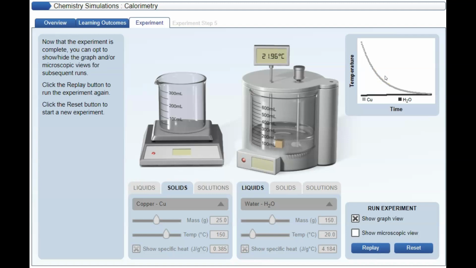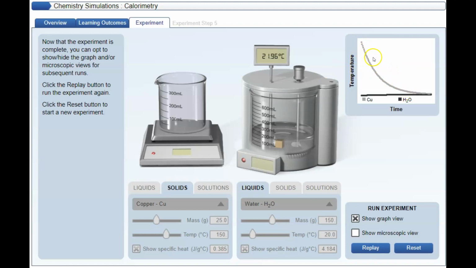There you go. Simulation's over. So they do end up at the same temperature. Look at that, 21.96. So the water had an increase in temperature of 1.96 degrees Celsius, and the copper cooled down from 150 all the way down to 21.96.